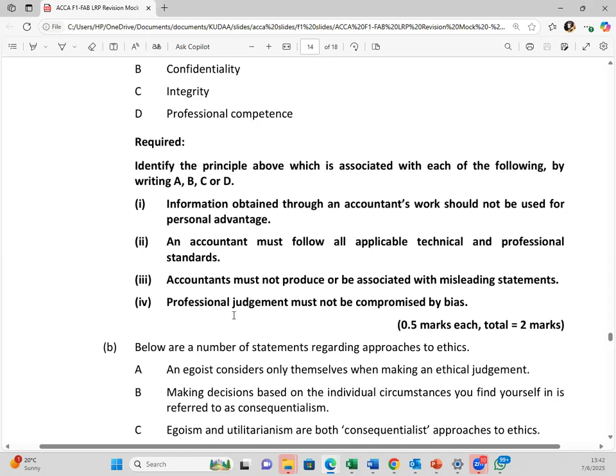Then item number 2, an accountant must follow all applicable technical and professional standards. So if they are doing their work, they're supposed to follow the right standards. What can be that? They should follow all applicable standards. Yes, Faith is saying D, and that's true.